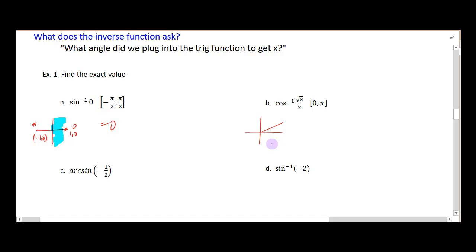I could be down in the fourth, but I'm thinking I'm here first of all. And the square root of 3 over 2 is when I take the cosine of pi over 6, right? So the cosine of pi over 6 gives me the square root of 3 over 2.